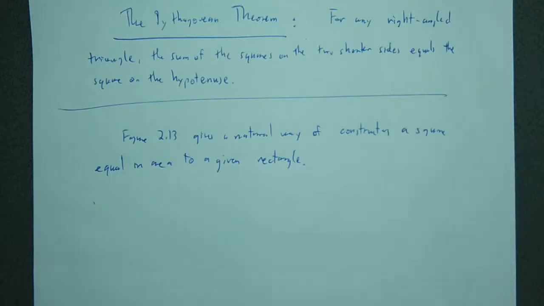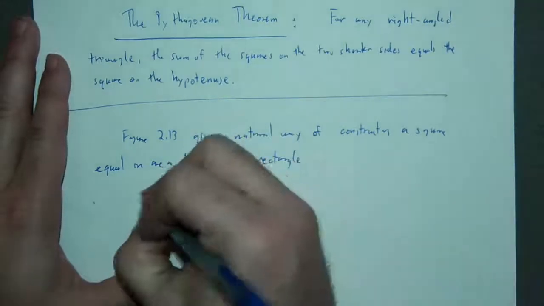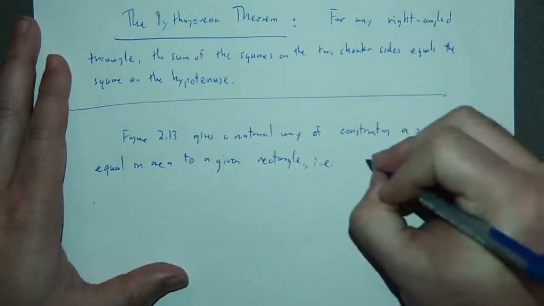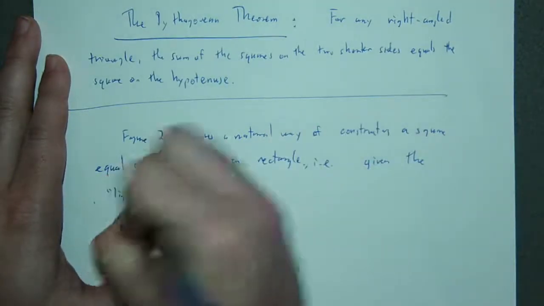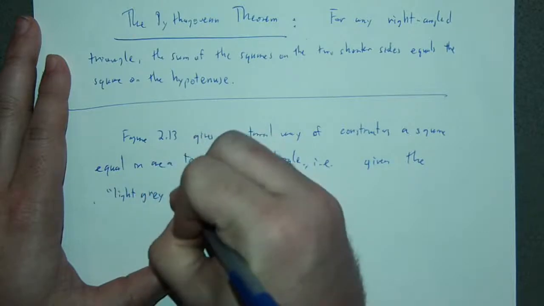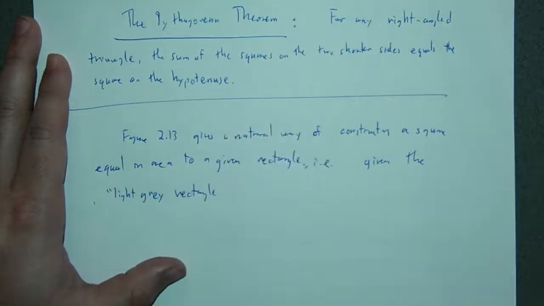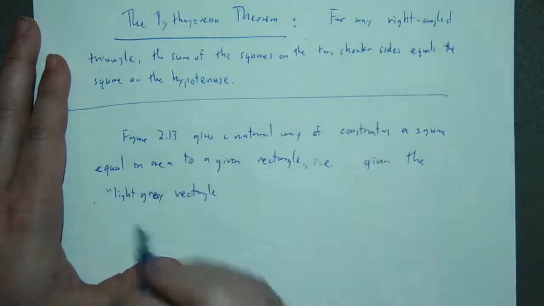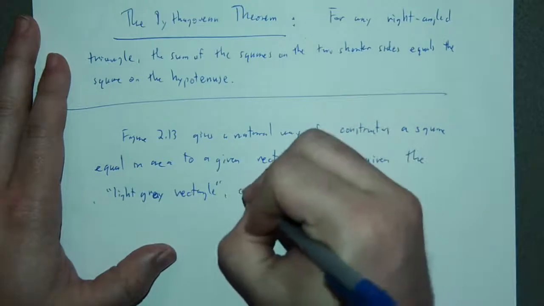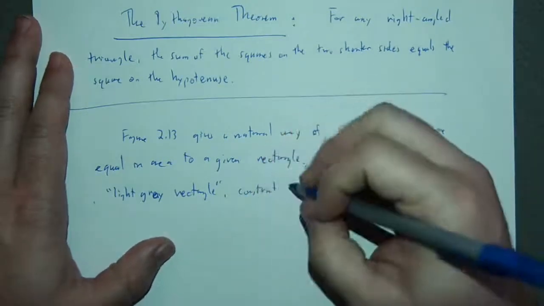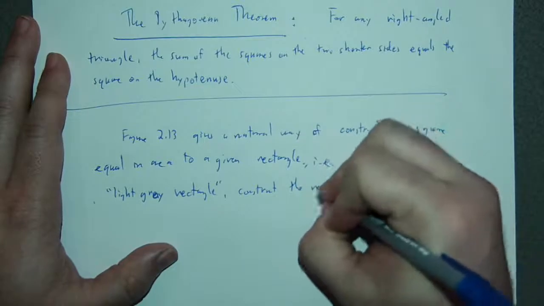Okay. All right. And so, what is the way that I go about doing this? So given, i.e., given the light gray rectangle, oh, this should be an A, I guess. Given the light gray rectangle, construct the rest of that figure.